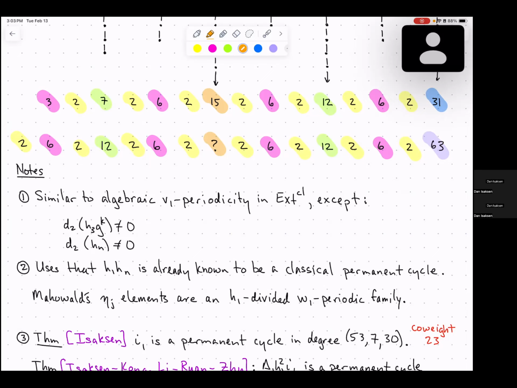The 4s are replaced by 6s, and then there's 12s, and so on. You're supposed to think 2, 4, 2, 8, 2, 4, 2, 16, this kind of congruence pattern.